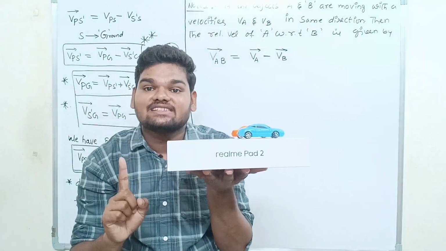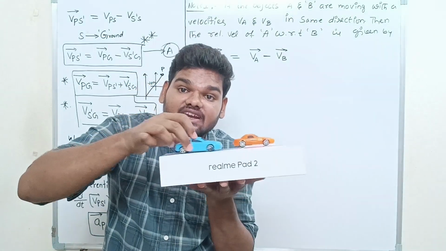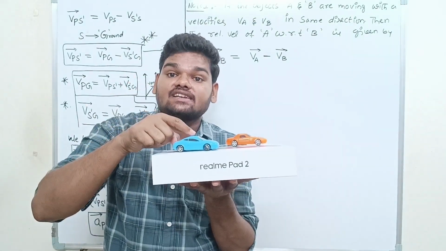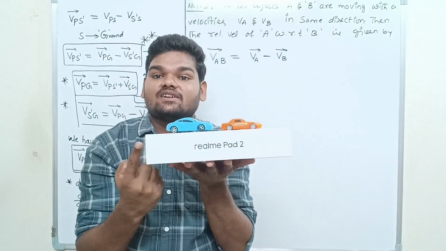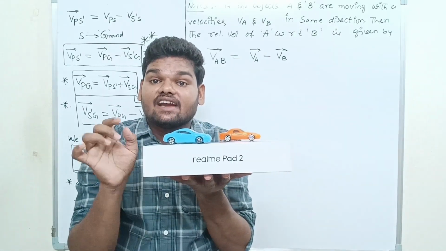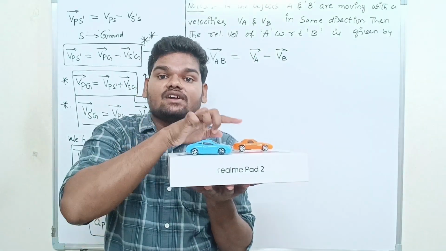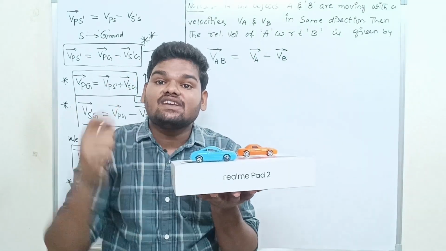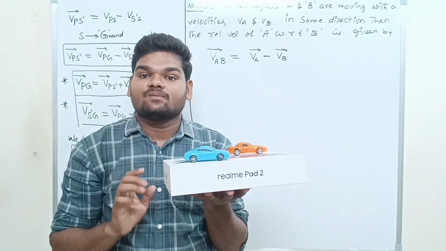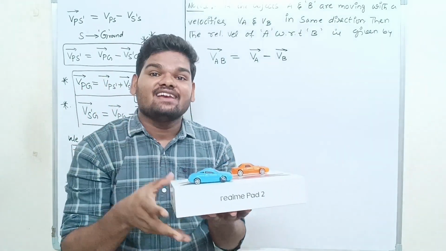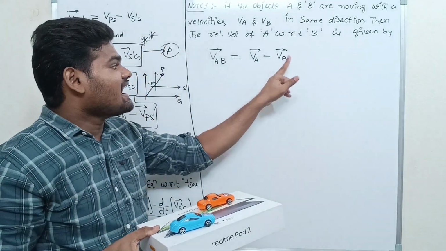That's why I am considering the velocity of object A as the velocity of object A with respect to ground. What is the velocity of ground? Zero. It is a rest frame and it is observing the two objects with whatever velocity they are moving. Are you getting it? So that's why here we have to take G.